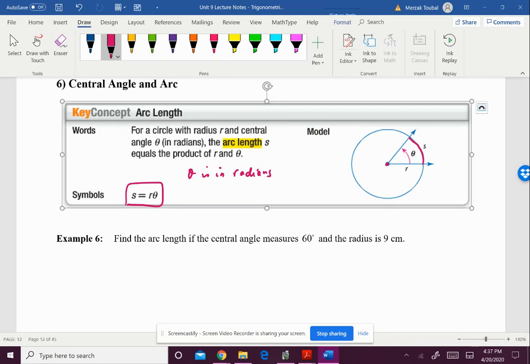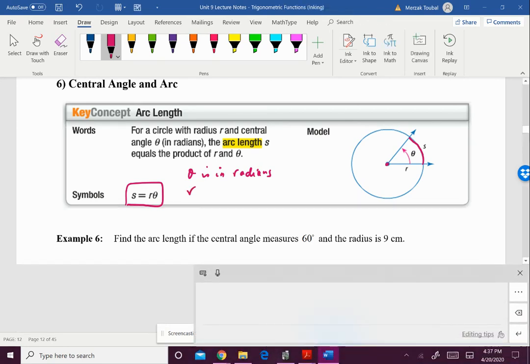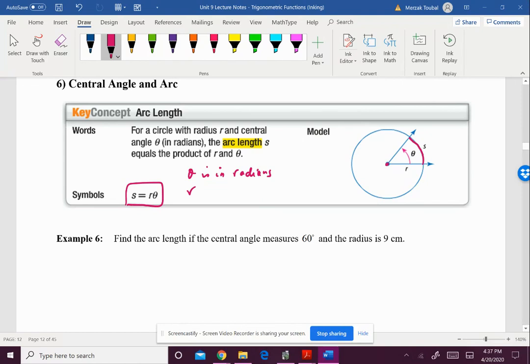And the radius R could be in any unit, in feet, in inches, in miles, depending on the question. Any length measure. All right, so it's very simple.